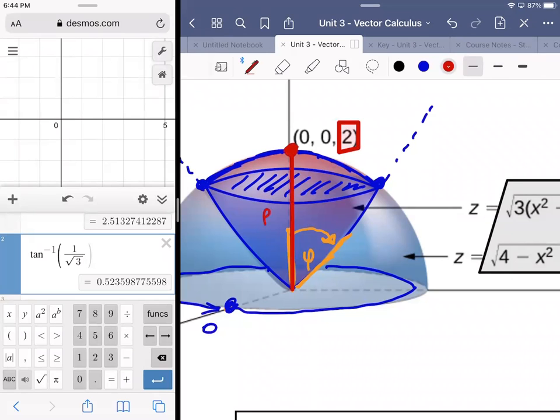That's getting swept through an angle of pi over 6.